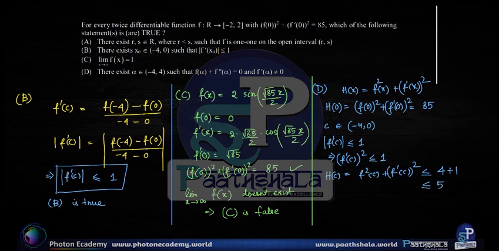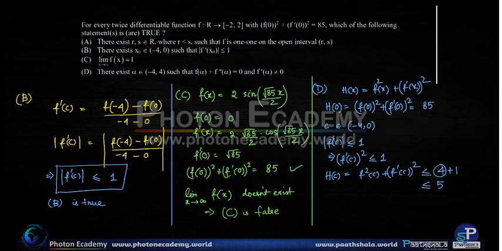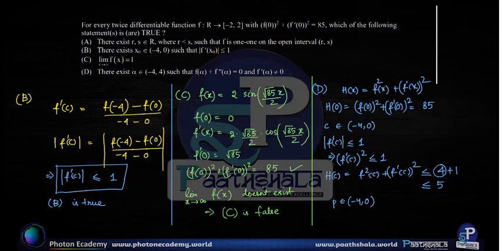We take this as 4 because the function value always lies between -2 to 2. So 4 is the maximum value of the function that we can get here. If we assume that there is some p which belongs to -4 to 0 such that h of p is equal to 5.